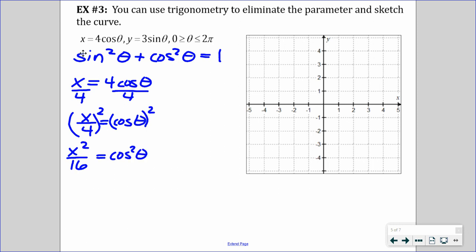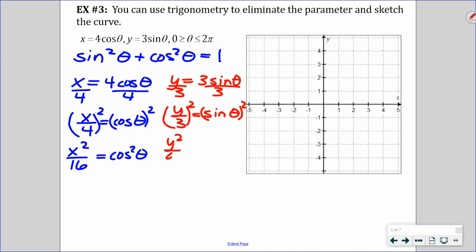Okay, now I'm going to do the same thing with y. So we have y equals 3 times sine theta. I'm going to divide by 3 to get sine theta by itself. And then I'll square both sides. So we'll have y squared over 9 equals sine squared.